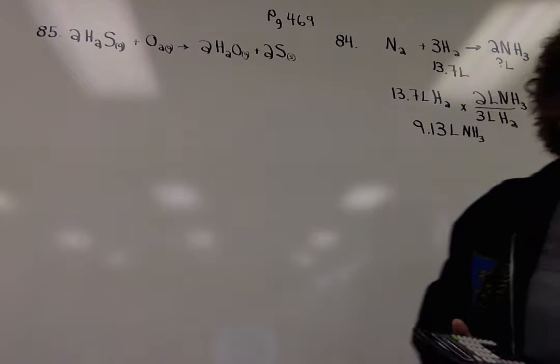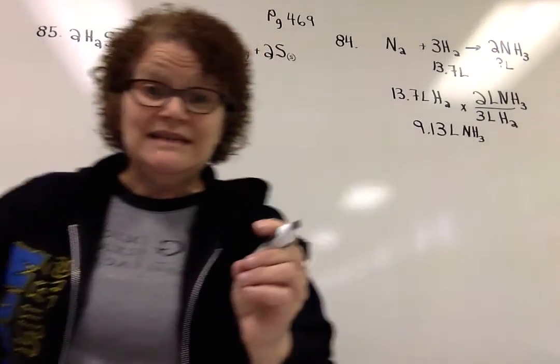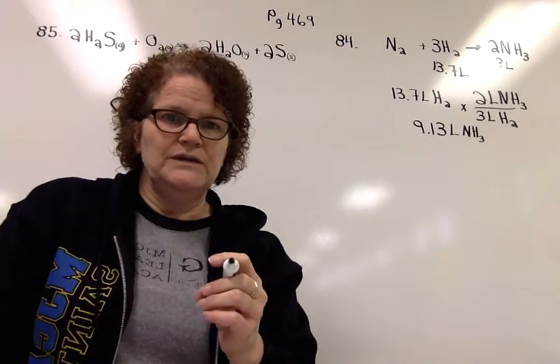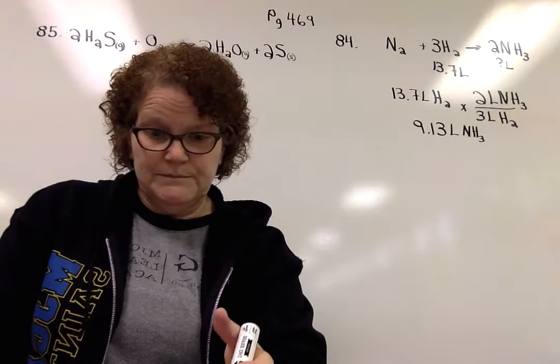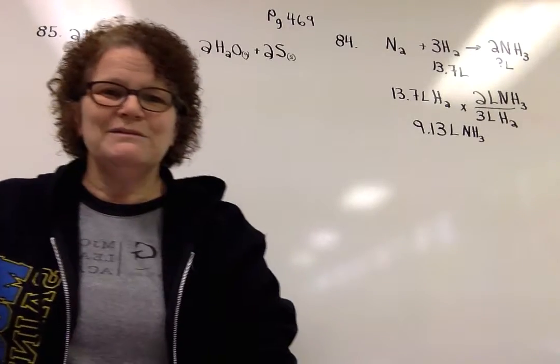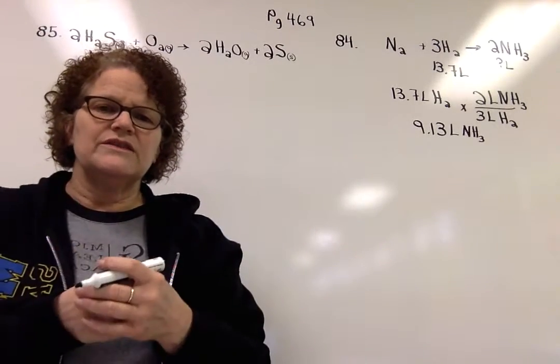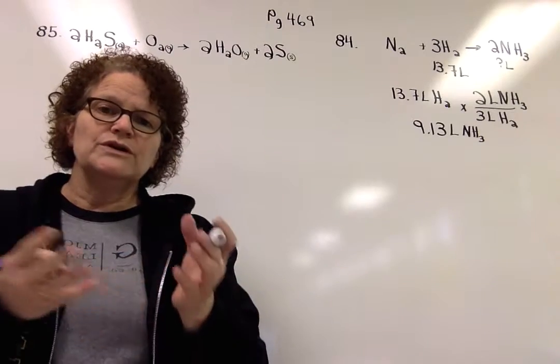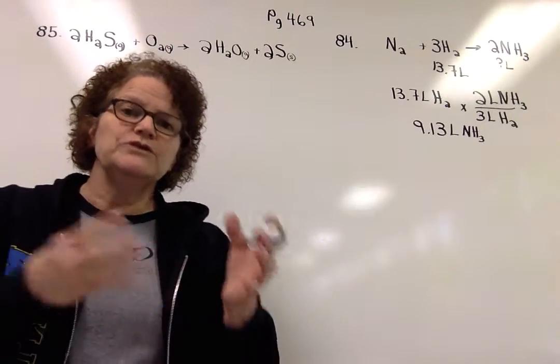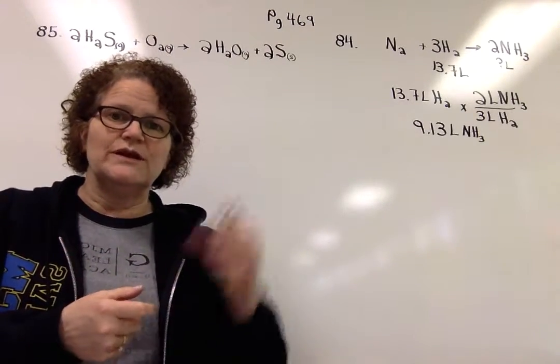Right? So that's how we're going to solve that. We didn't need the pressure and the temperature we were given. We did need to use the volume because we were looking at the molar volume and volume to volume ratios that the balanced equation honors.